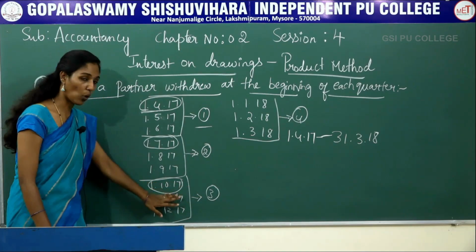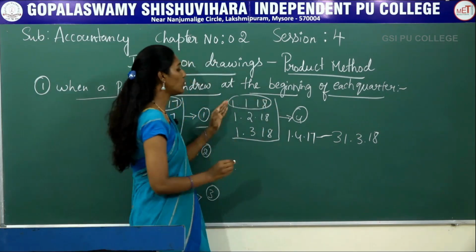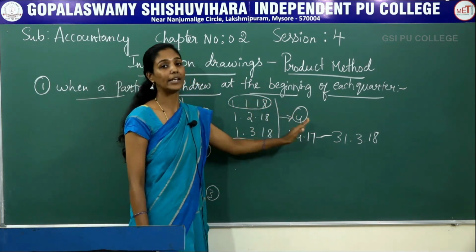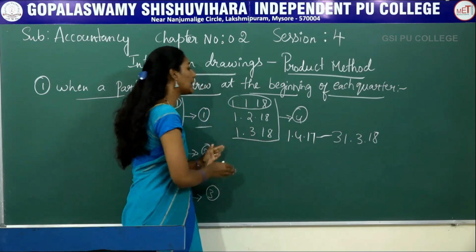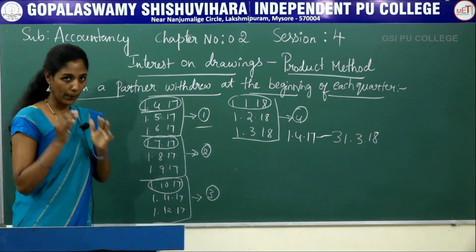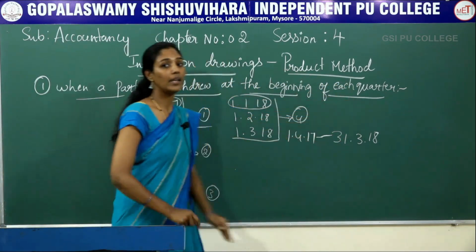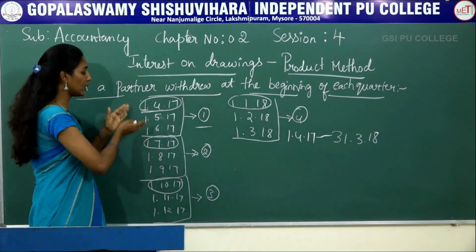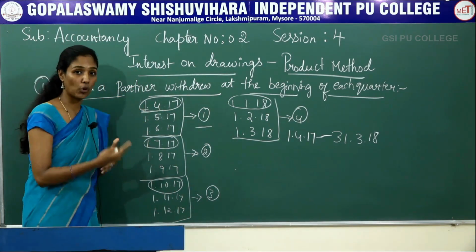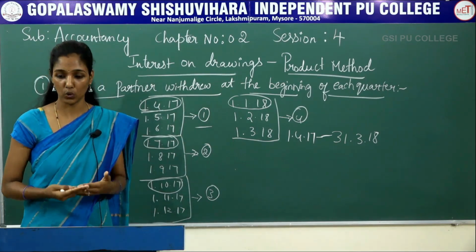And in the fourth quarter, 1/1/2018 will be the date of drawing. This happens only when a partner withdrew at the beginning of each quarter. Now you will understand the date of drawings in this case.